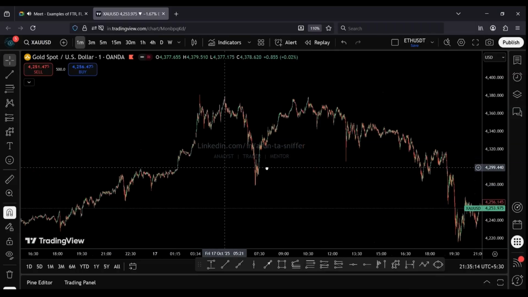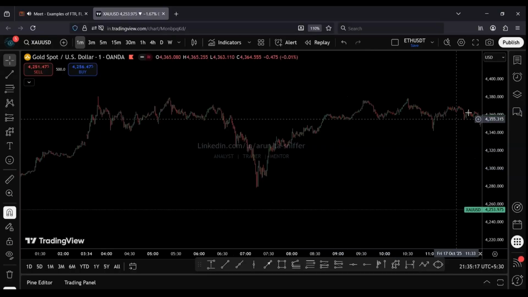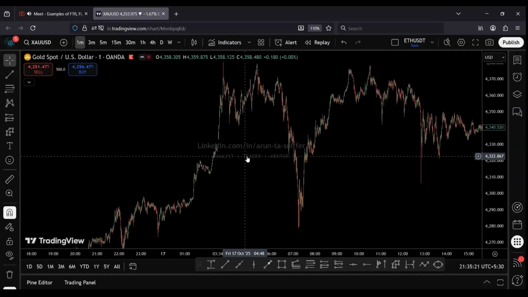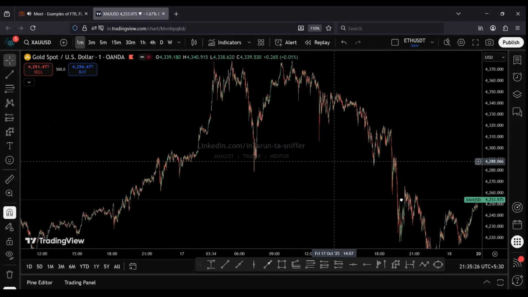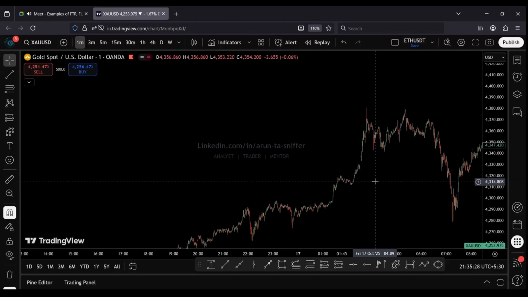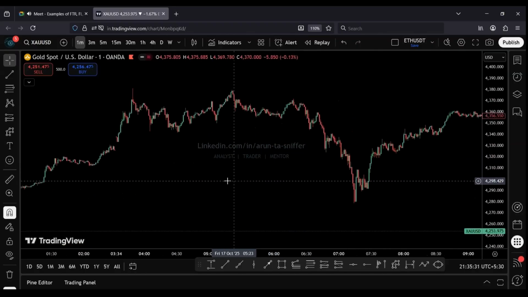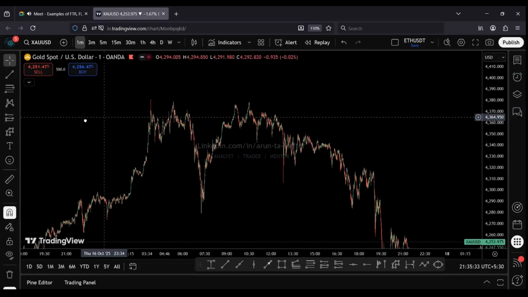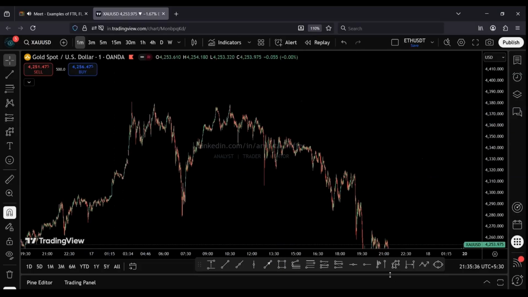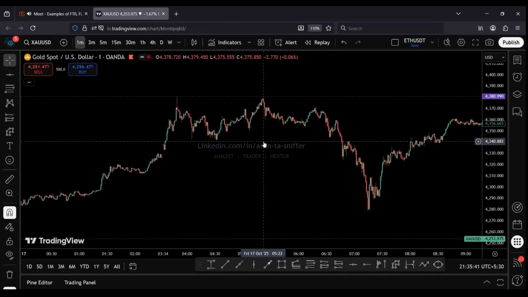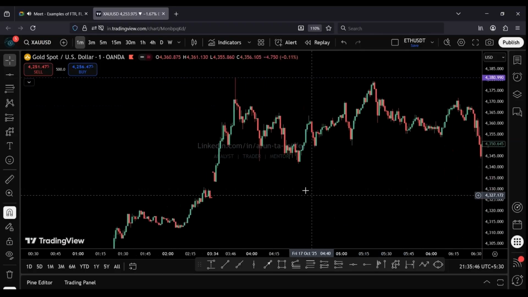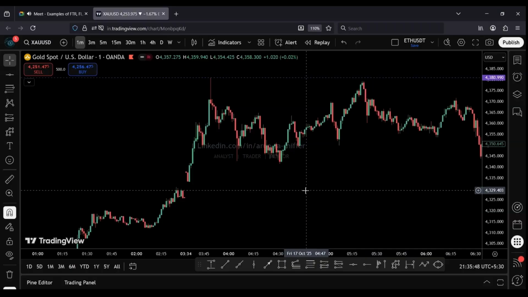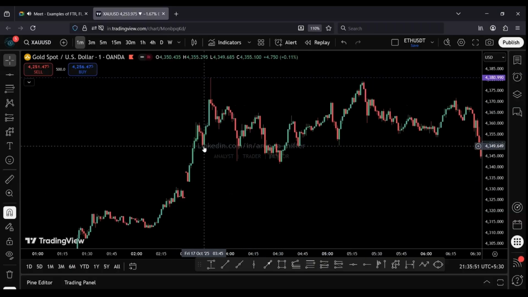Okay, so I will tell you some easiest ways to practice how to do. Look at the highest high point. Where is the highest high point? Here. This one is the highest high point, right? And now look from where this higher high posted.